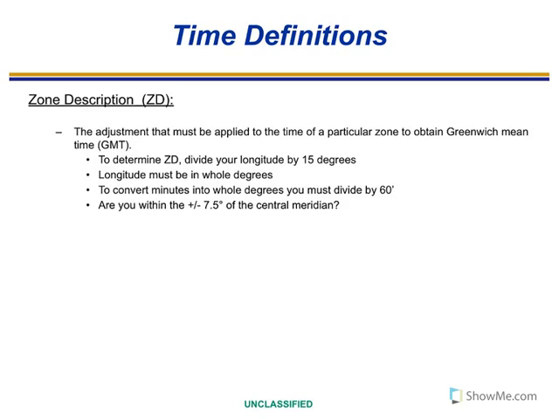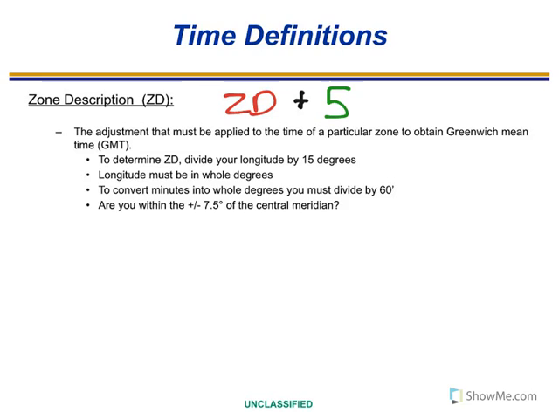Next up is our zone description. This helps us when we are trying to go from zone time to GMT or GMT to zone time. It consists of ZD, and then either a plus or a minus, and then a whole number, for instance 5. And that tells you what you have to do to get from your zone time back into GMT. So let's say that this is ZD plus 5.